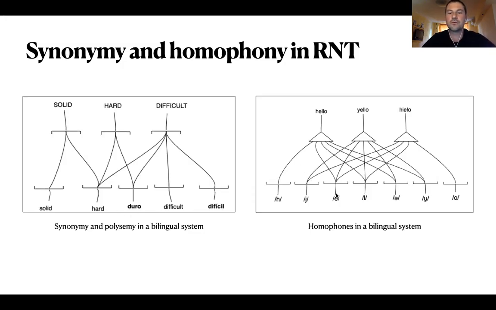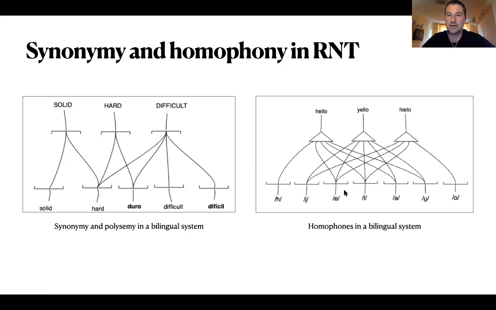And the same goes for homophony. For example, yellow and hello in English are homophones. They have connections to phonetic nodes, the nodes accounting for the phonetic expression of the phonemes. With the exception of the very first sound, the rest of the nodes are shared by the representation of these two.